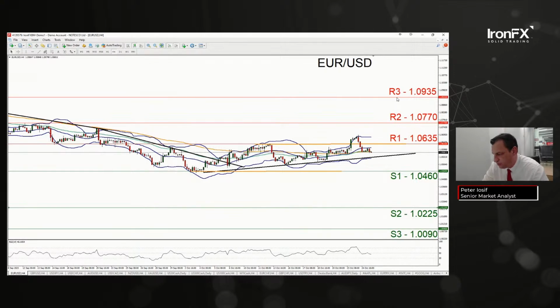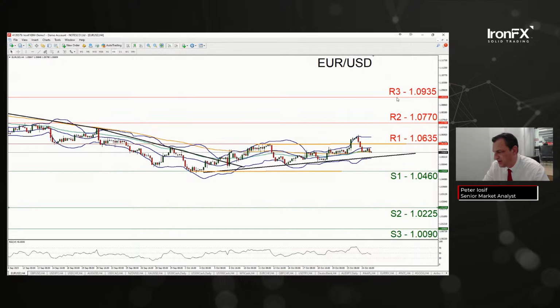On the other hand, though, note how the RSI indicator is actually slightly below the reading of 50, yet it's still unconvincing for any bearish sentiment in the market, more likely to be a rather indecisive market. So I would expect in the short term the pair to remain in a sideways motion, maybe edge a little bit lower.